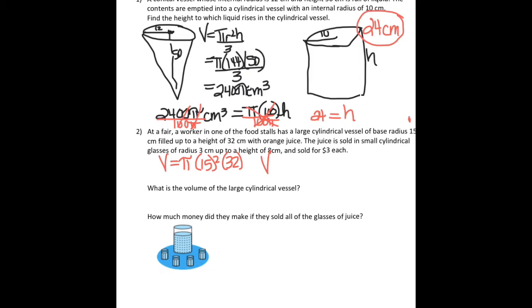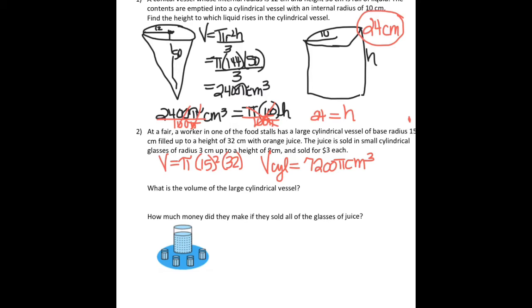So the volume of the large container: 15 squared is 225 times 32 is 7,200 pi centimeters cubed.